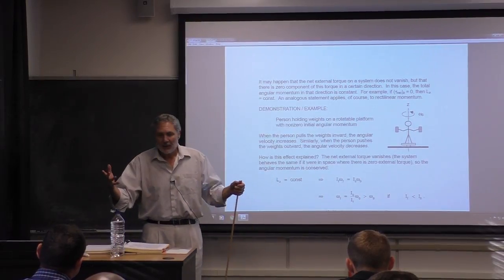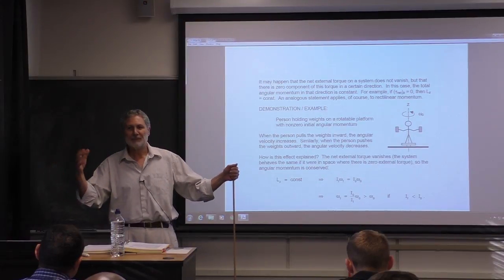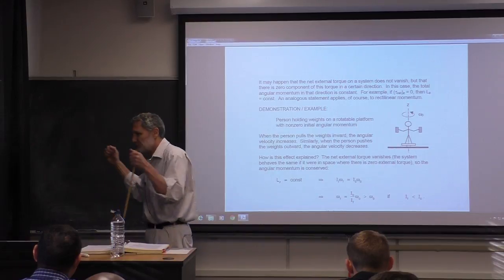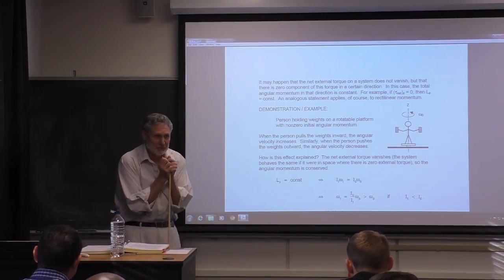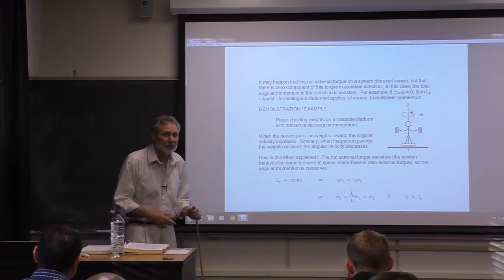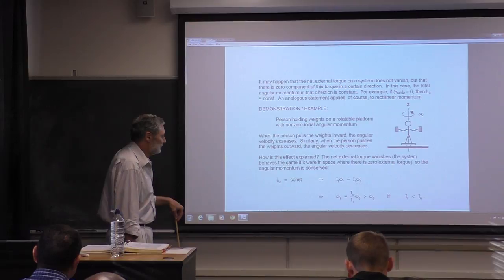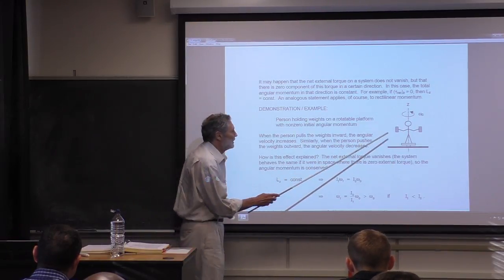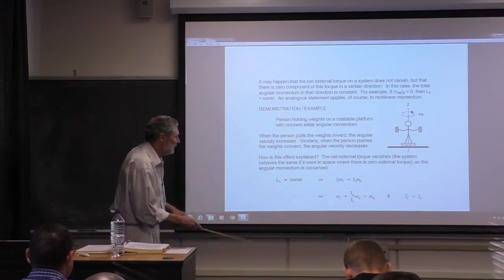If some astronaut gave another astronaut some initial angular velocity like this, and then the astronaut pulls his or her arms in, whether or not there's some kind of weight, reduces the moment of inertia, the person's going to speed up. The rotational velocity is going to speed up. So what's happening here is because there's no net torque, angular momentum has to be conserved.